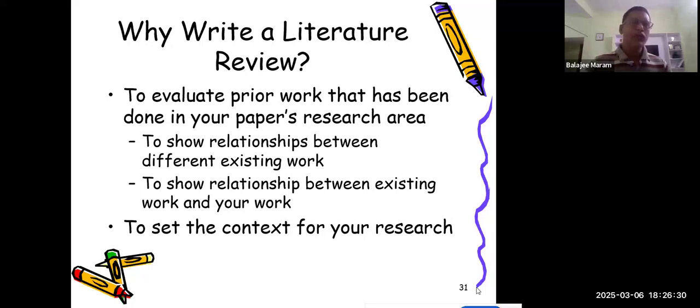Then only will we gain some knowledge and be in a position to propose a new solution. So for doing all these things, literature review plays a vital role. First one, to evaluate prior work that has been done in your paper's research area. To show the relationship between different existing work, and between existing work and our work.